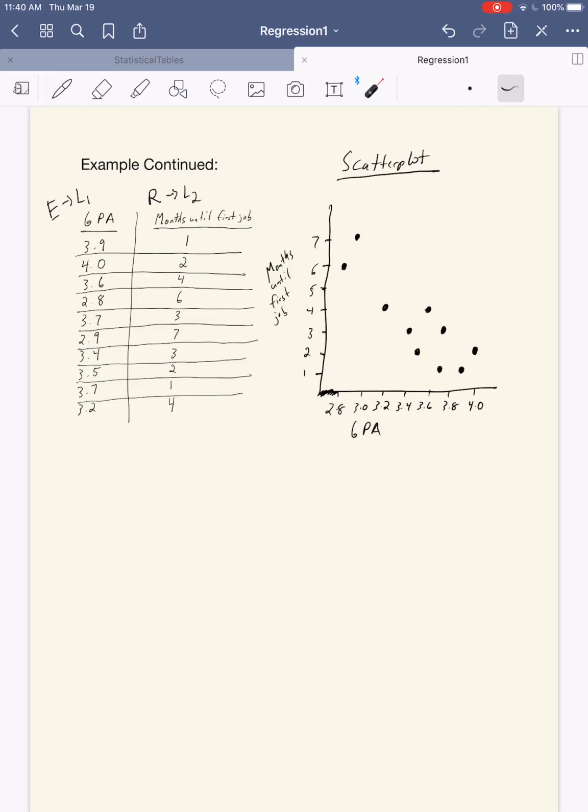That means when we go to calculate that correlation coefficient, we're expecting a negative value for R. And of course, that would generally make sense. If we're expecting that there is a relationship between GPA and the months it takes you to find a job, we would expect that as GPA goes up, these go down, right? That the higher your GPA is, the quicker you'll be able to find a job.